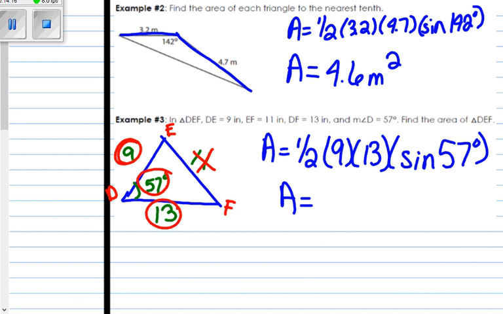Good job. The tenth is the first decimal spot. Round to the nearest tenth, but that's the right number.